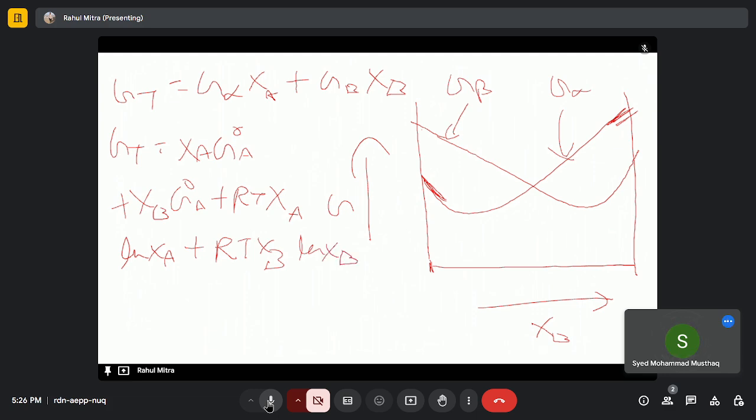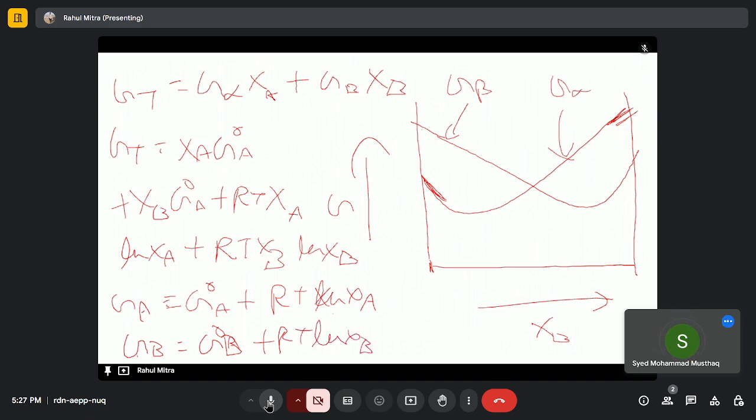Now, what is G_A? G_A equals G naught of A plus RT ln, and this can be equated to chemical potentials.